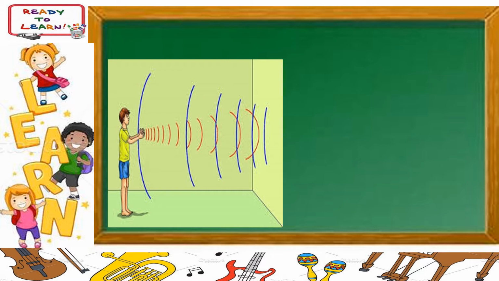The boy is clapping his hands, and then the sound travels going to the wall, and the sound bounces or moves back going to the boy because it's a wall and the sound cannot go out. So the sound goes back to the ears of the boy. That's why the boy hears his clapping from his hand.